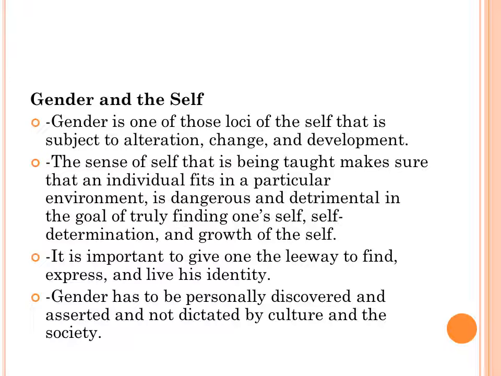So in here, gender should be something that is not dictated by anyone, even the president or anyone else, specifically the society. All right, that's gender. Gender is different to sex. Again, gender is different to sex. All right, so again, like what the book says, gender should not be dictated by anyone else.